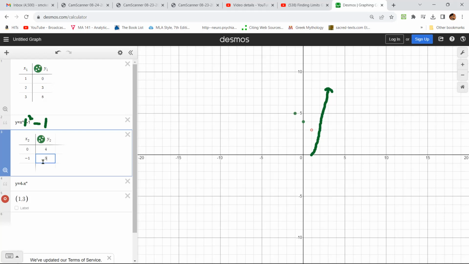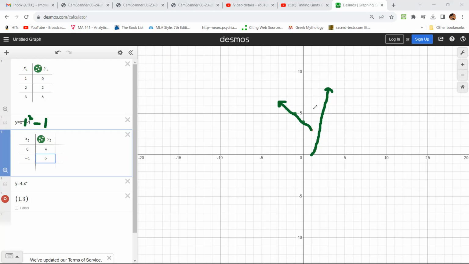That'll be 5, right? So what I'm looking at here, my piecewise function, is going to be this. Now, I did this by hand to show you what this looks like and to show you how to generate the graph on your own, okay?